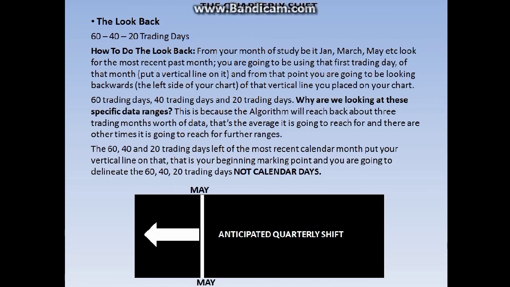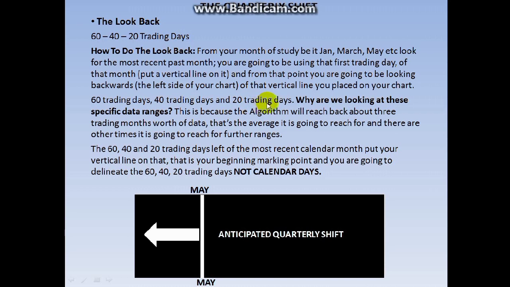Put a vertical line on it, and from that point you are going to be looking backwards, to the left side of that vertical line you placed on your chart. You are going to be looking at the last 60 trading days, the last 40 trading days, and the last 20 trading days.